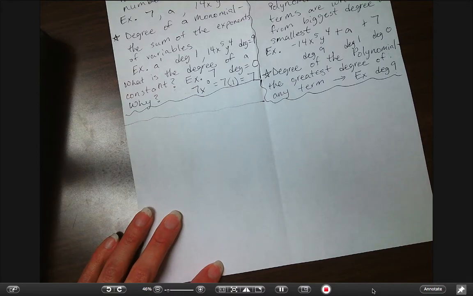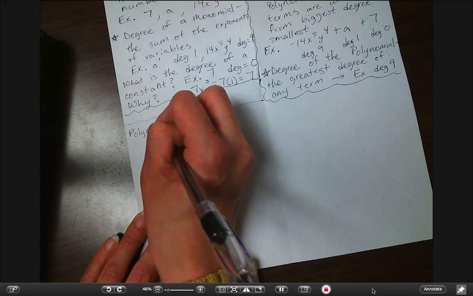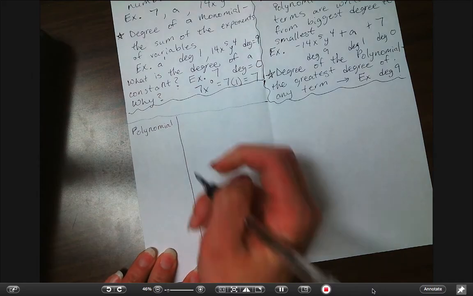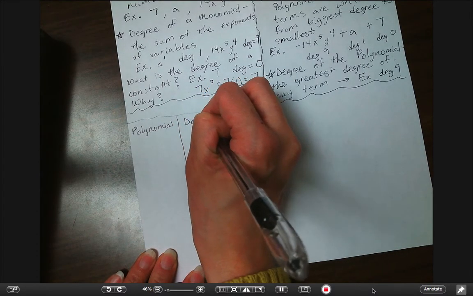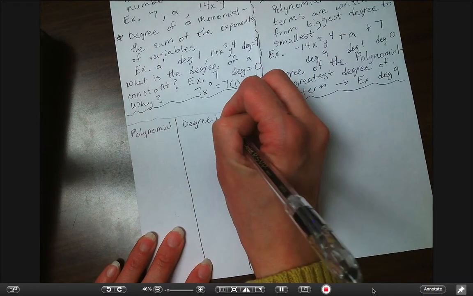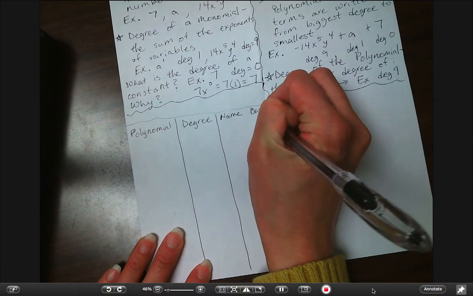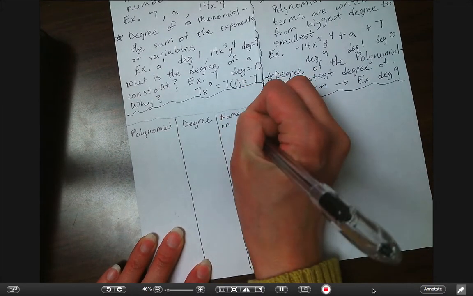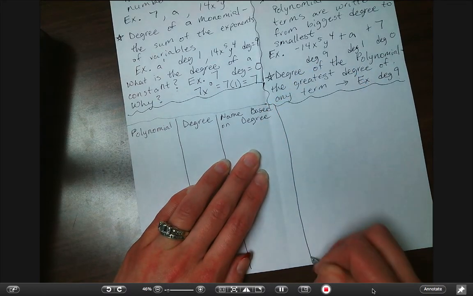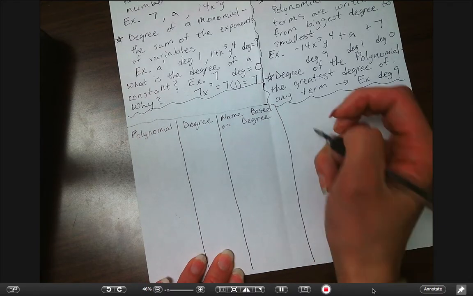But we're going to have polynomial and then a line. That's our first column. Degree is the second column. Name based on degree is the third column, and it's a little bit off center. My crease is right here.